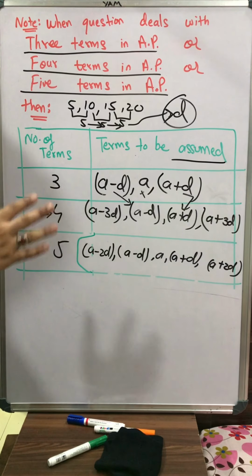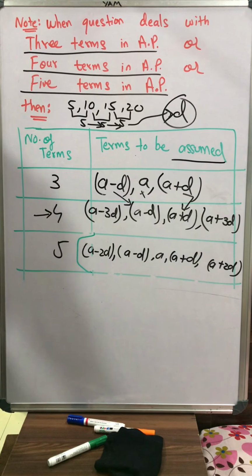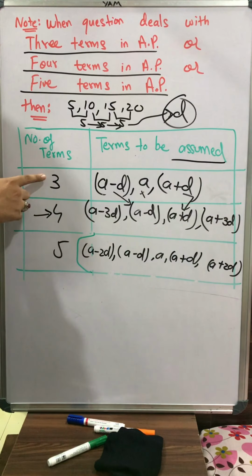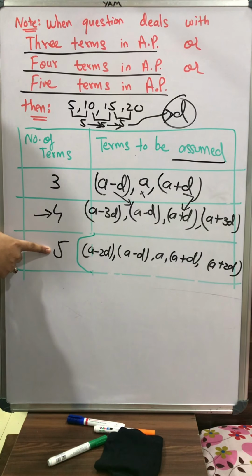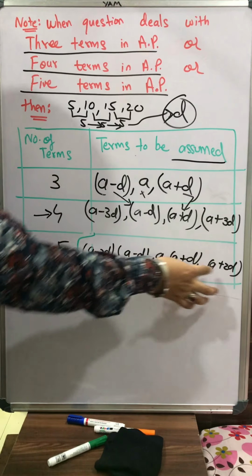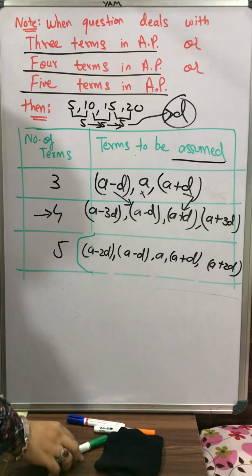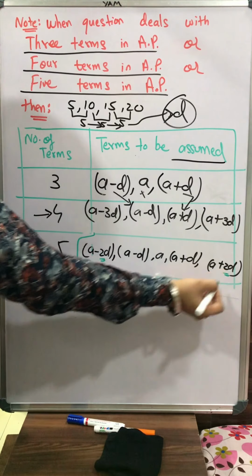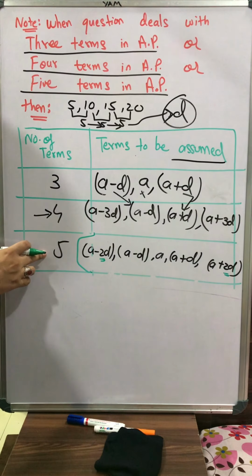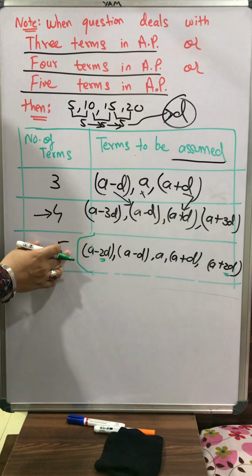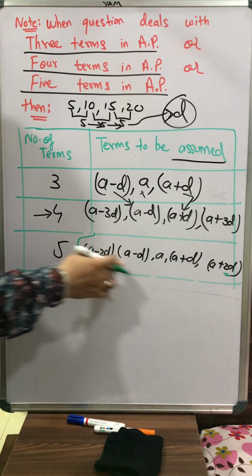Once again, my teachers used to tell me a thing that I will share with you all, how to remember. Students often ask, sir, how to remember. So whenever we have 3 terms and 5 terms, 3 terms is very simple. For 5 terms, for the extreme values, we take the help of even numbers. This is just a trick to remember. Here it was 5 terms, but we took the help of even numbers, 2 and 2.